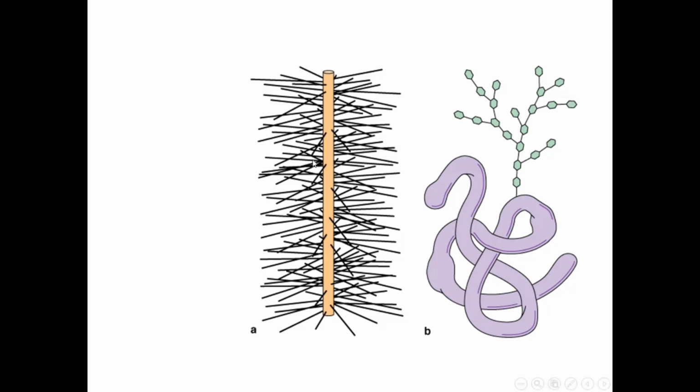This one is a proteoglycan because we have many carbohydrates and just one protein. And here we have a huge, big protein and a few carbohydrates. It's a glycoprotein.